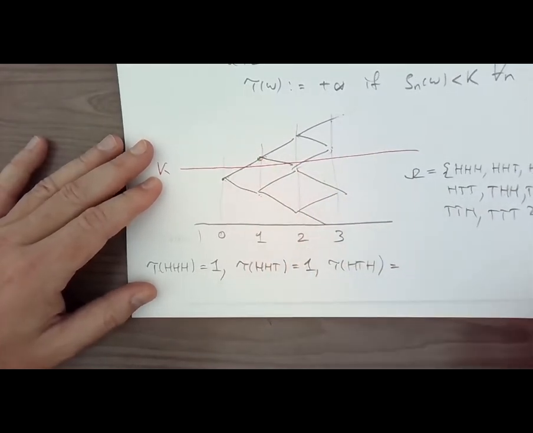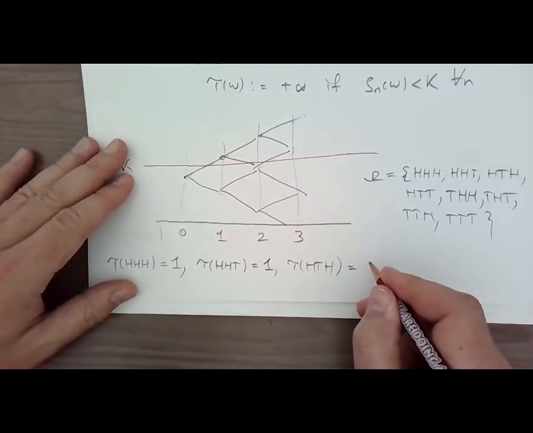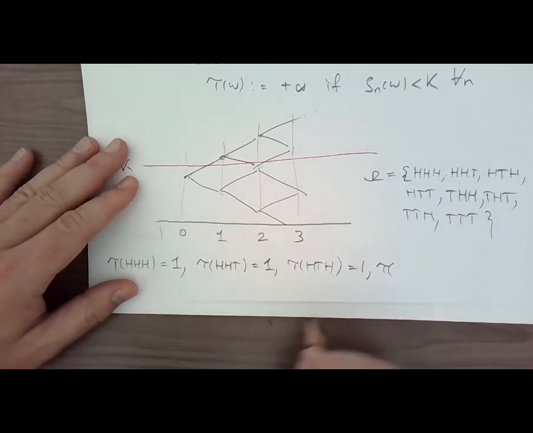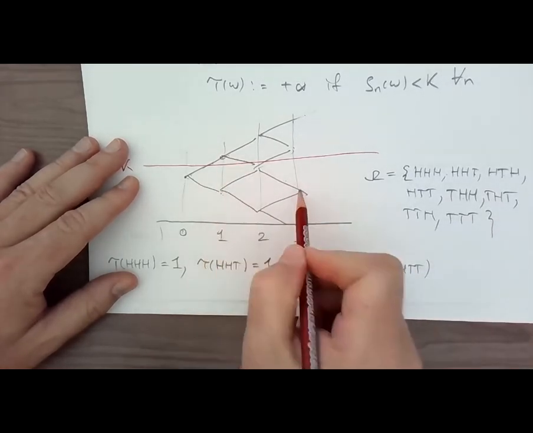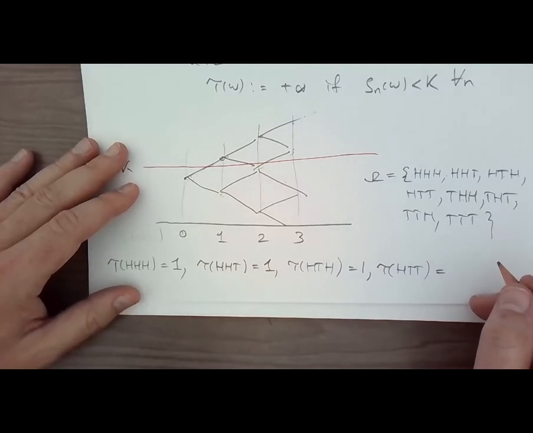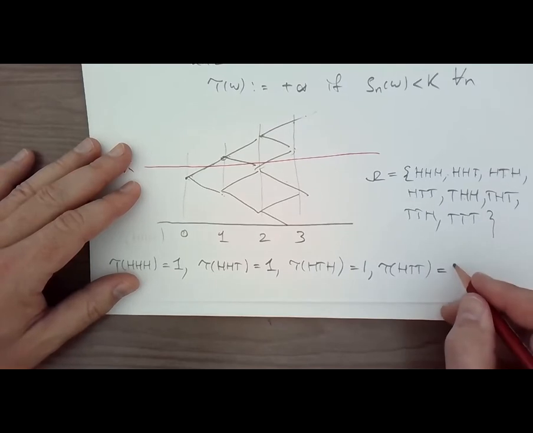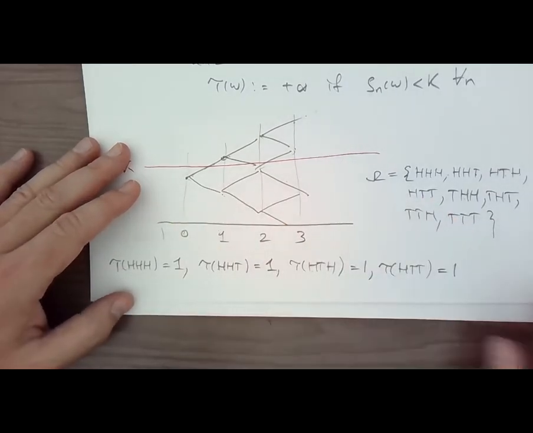When is the first time we got above? Time 1. Tau of heads, tails, tails. When was the first time we got above? First one. So you can see H here is the determining factor. The first coin flip brings us above.